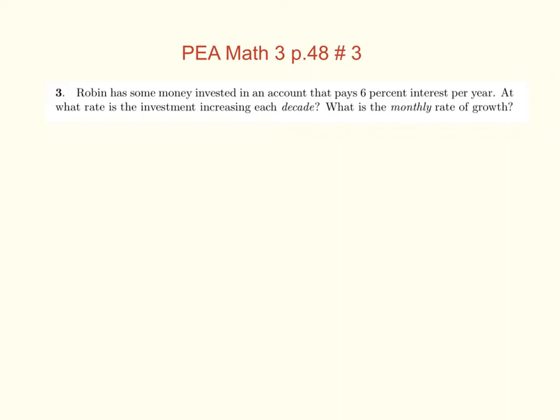We've already seen the shortcut, but I want to go back and explain why it works. Let's say Robin has, I'm going to use a weird amount here, $57. We'll use the formula y equals a times b to the x power. If she started with $57, what variable are we replacing?